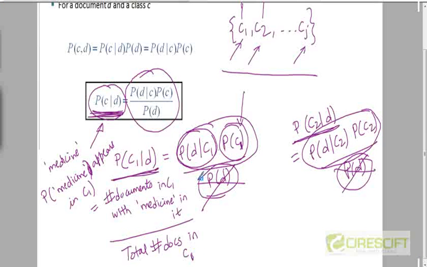So what fraction of the documents labeled with C1 in the training data had the word medicine in it?